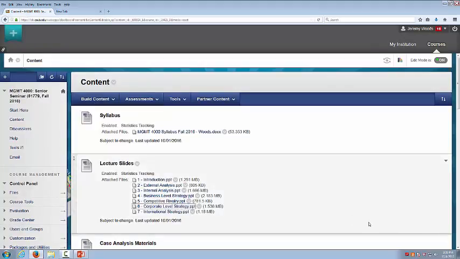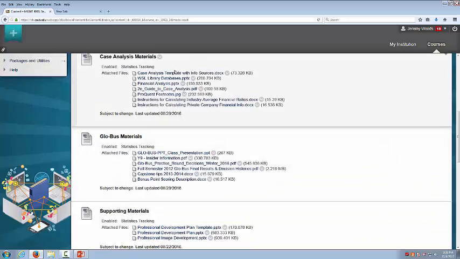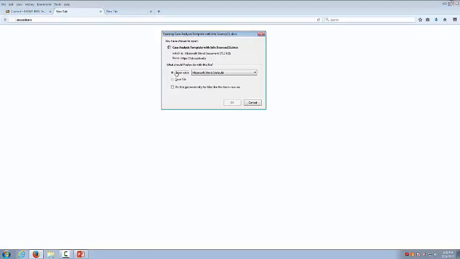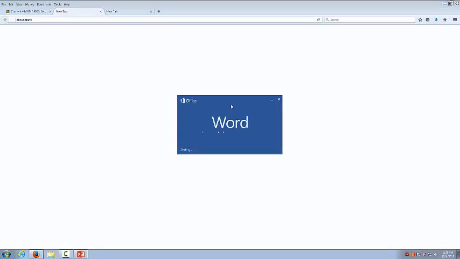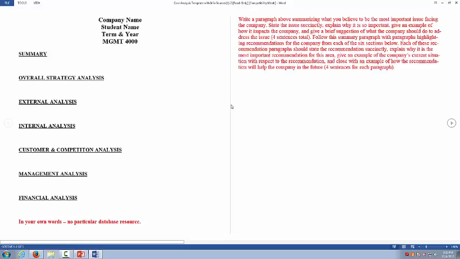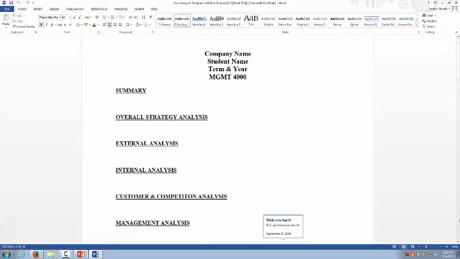Okay, so the case analysis template. The first part, like we said, we'll talk about last.